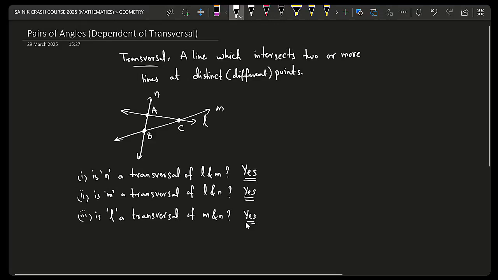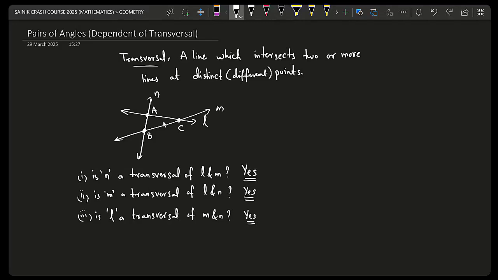L is intersecting M at which point? C, right? L is intersecting N at which point? A. Are they same points or different points? Different points. That's why it is also a transversal.